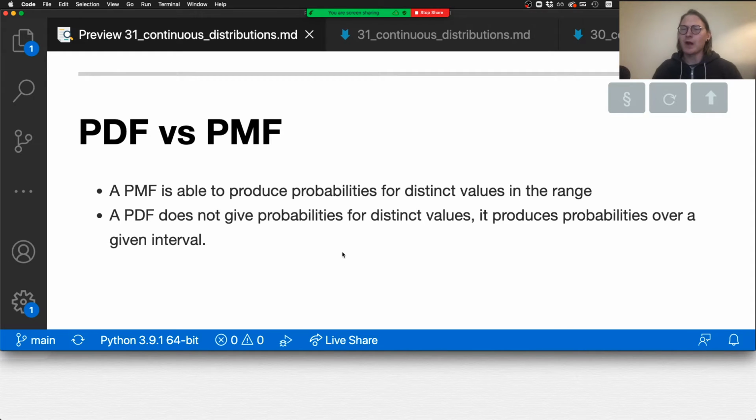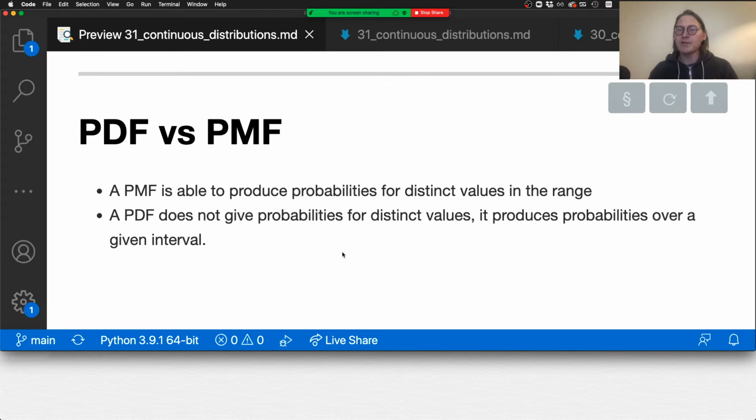Like when we're thinking about Poisson, what is the probability of 9 things happening in 5 minutes, given that we expect 20 things to happen in 5 minutes, right? That's a discrete thing that we're looking at. We're saying, okay, well, what's the probability of 9 events occurring? Whereas the PDF gives us a probability over an interval.